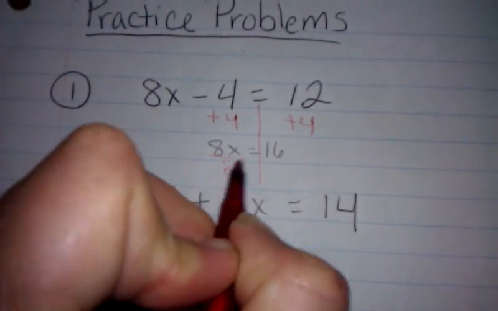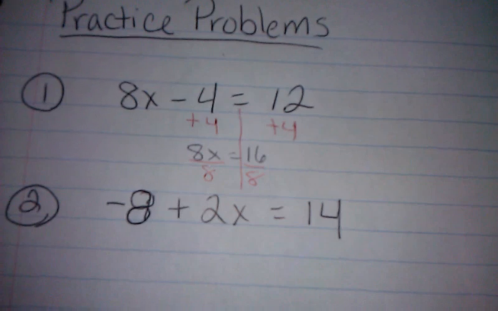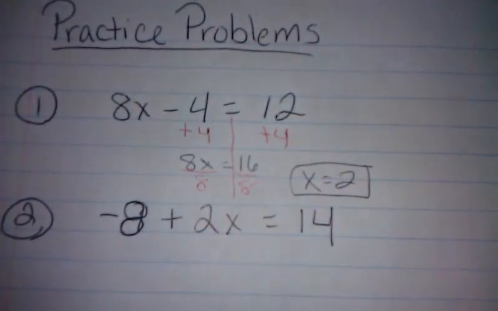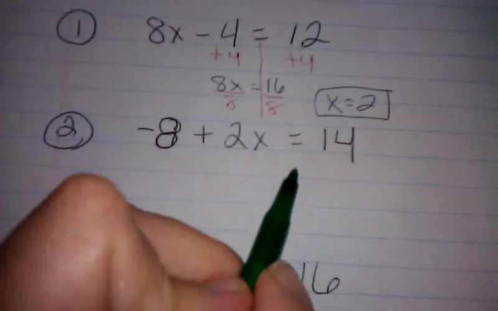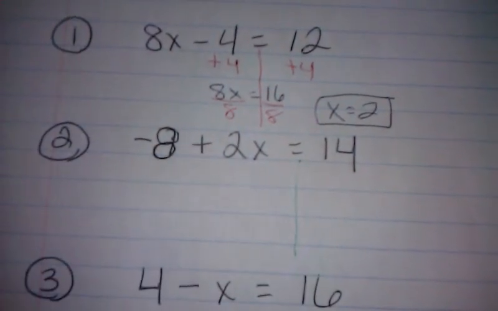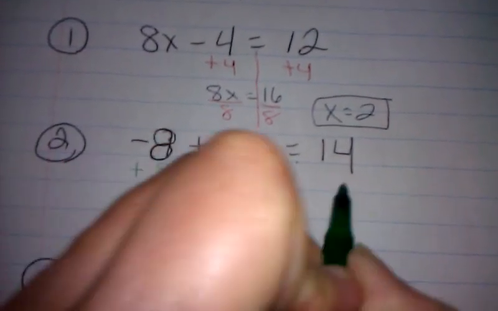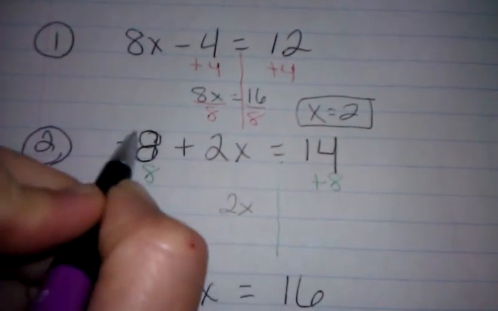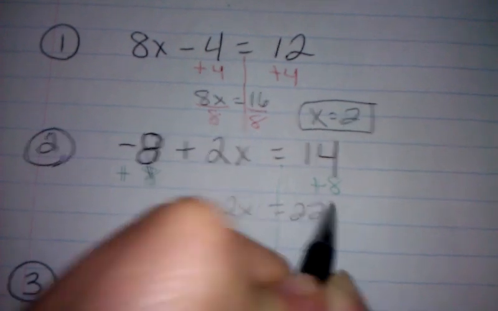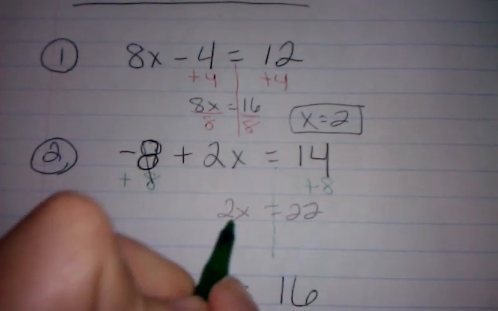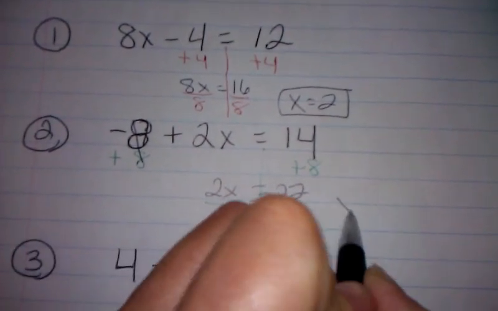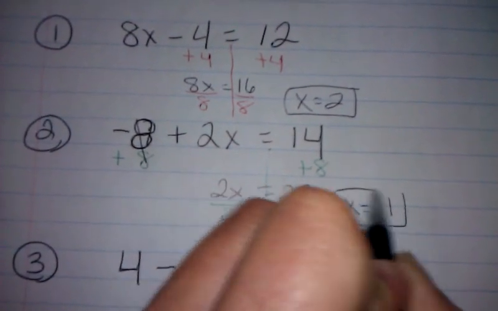Divide by 8. X equals 2. The next one, add 8 to each side. You get 2x equals 22. Divide by 2 to each side. X equals 11.